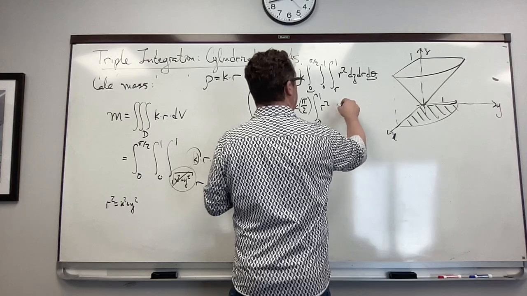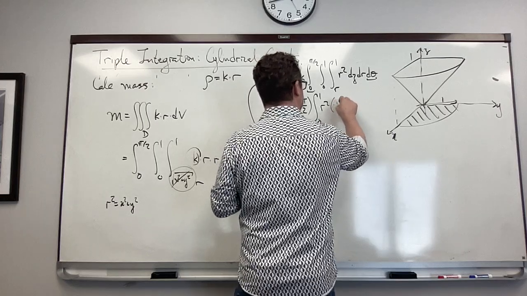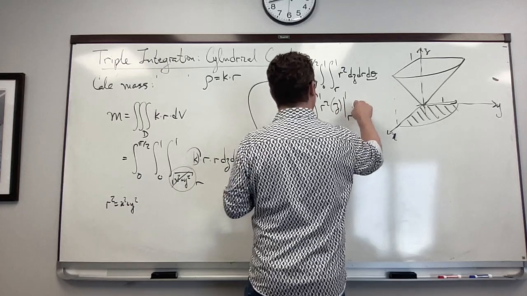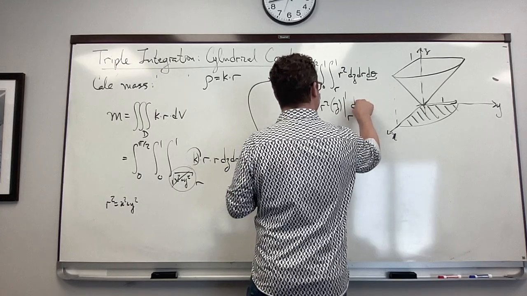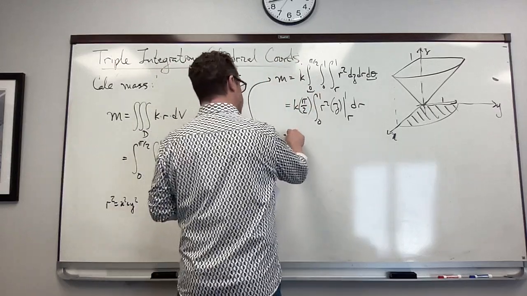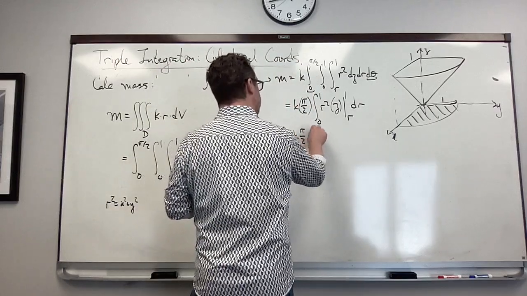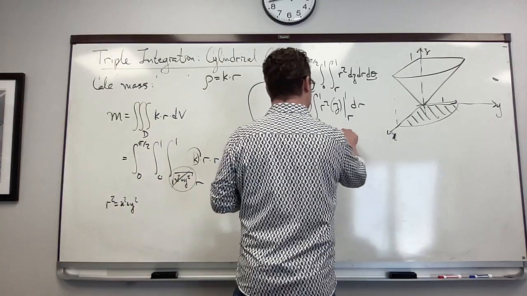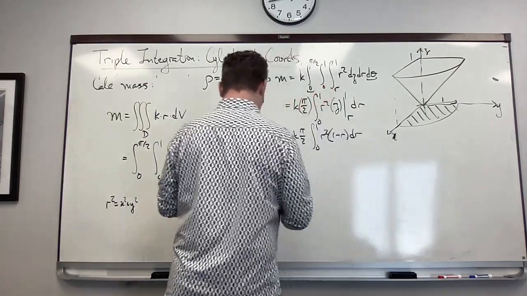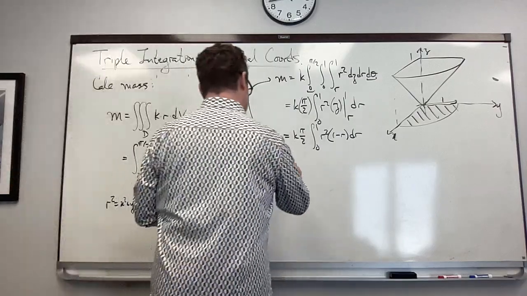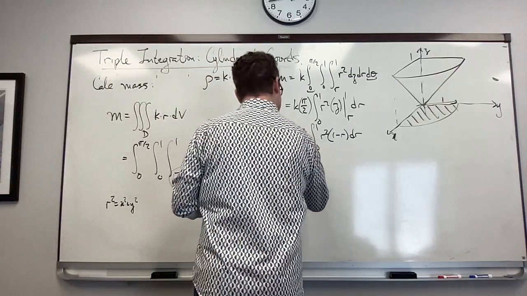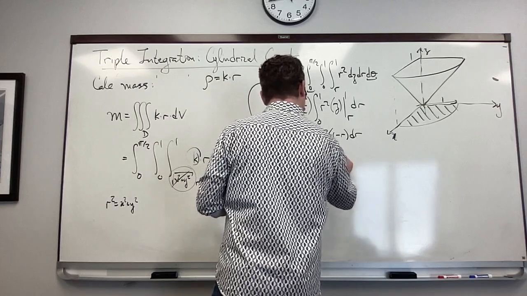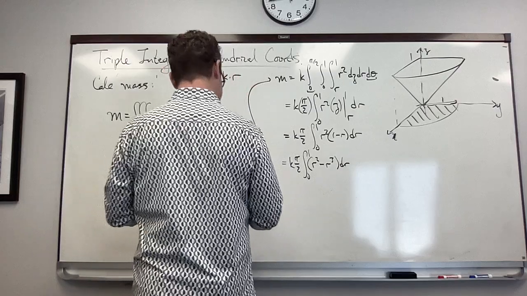So now I've just got z from 1 to r, and then I've got dr. Okay, so this is k pi over 2, 0 to 1, I've got r squared times 1 minus r dr. So this thing is k pi over 2, 0 to 1, r squared minus r cubed dr.